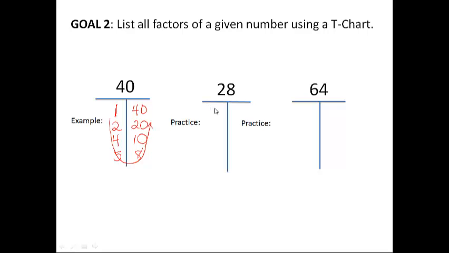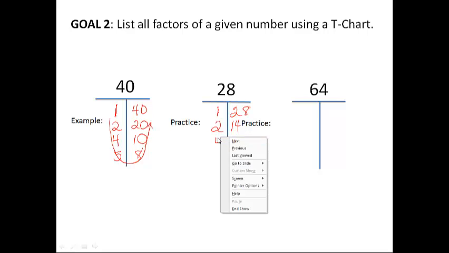Alright, thank you for giving it a try, being a risk taker. So 1 times 28, 2 times 14, 3 doesn't work, 4 times 7. 5 does not work.